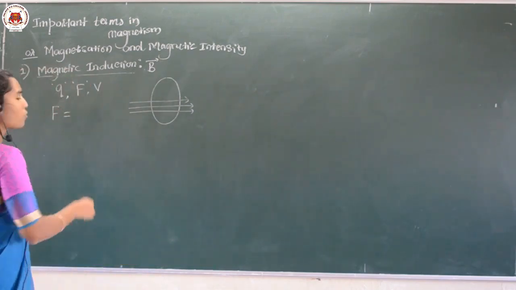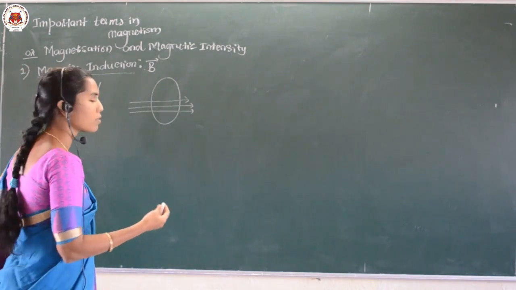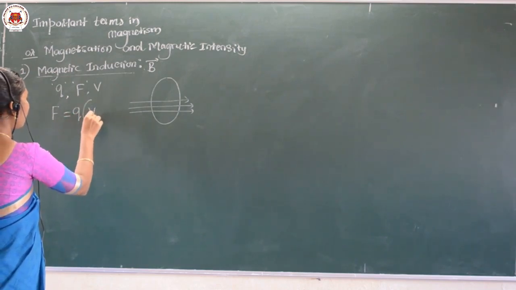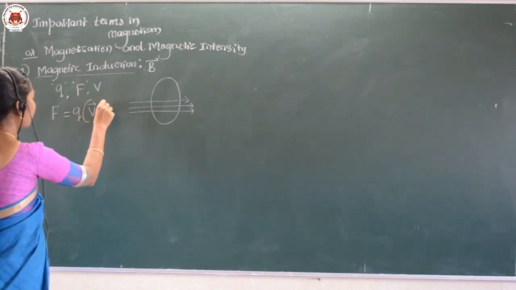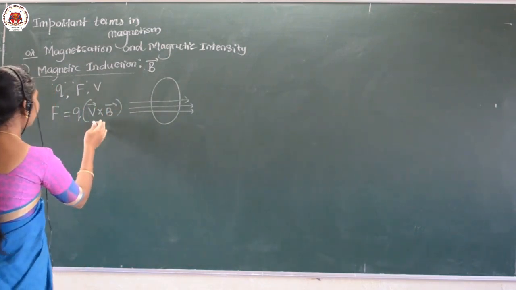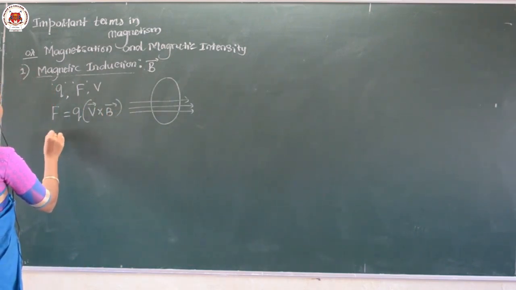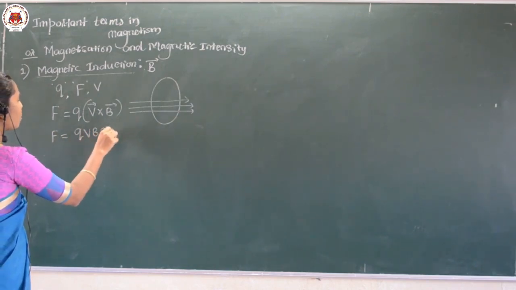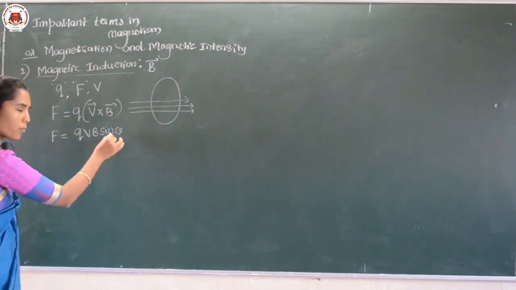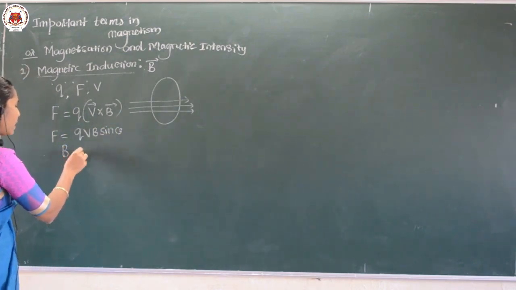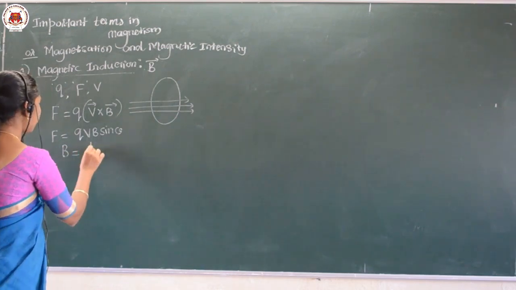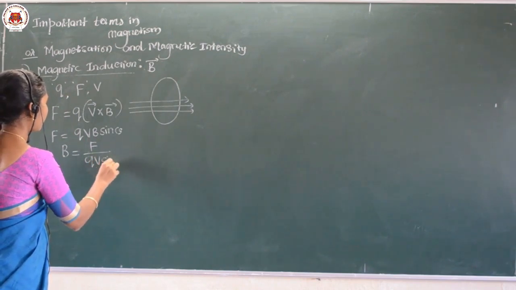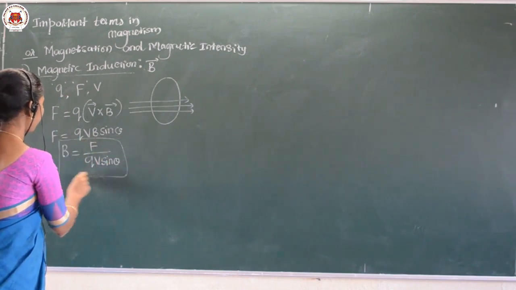The magnetic force, or Lorentz force, which you already studied, is given as F is equal to Q into V cross B. In magnitude form, F is equal to QVB sin theta. From this formula, the magnetic induction B is equal to F upon QV sin theta.